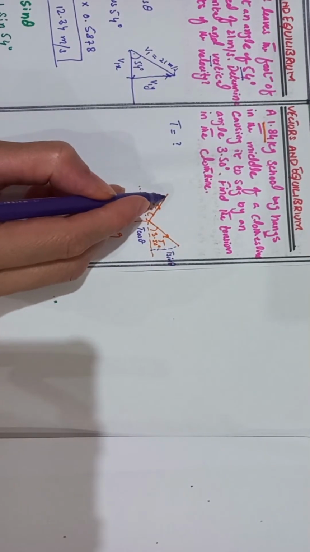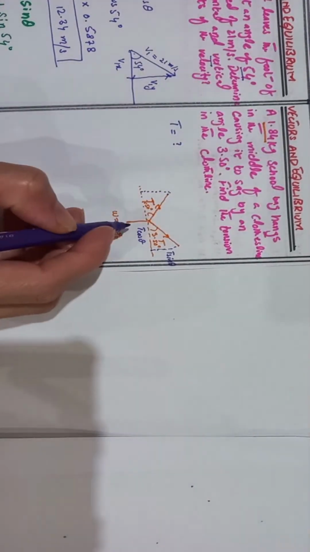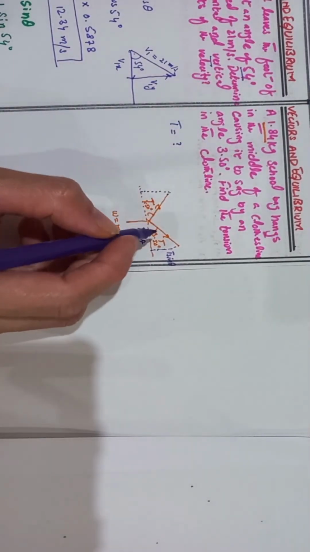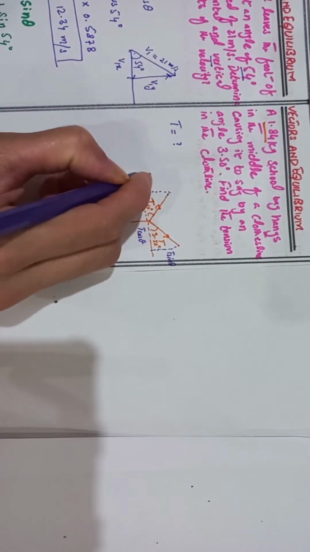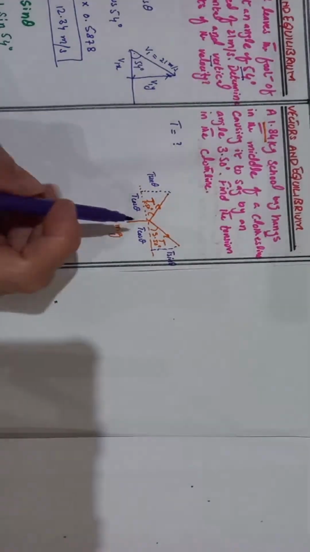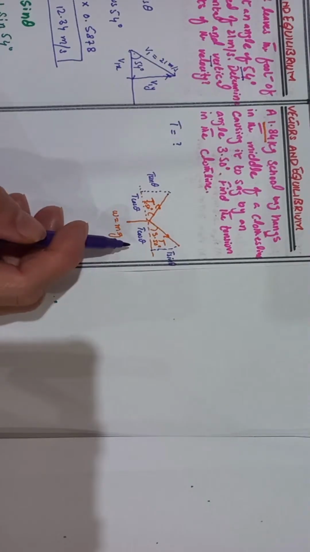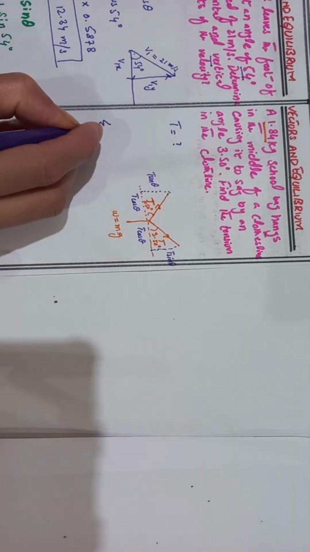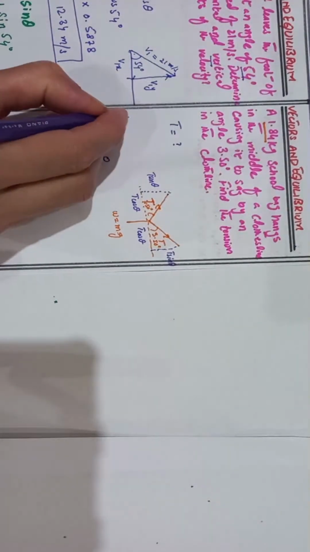On this side also we divide the tension T into two components: the horizontal component T cos theta and the vertical component T sin theta. Now the sum of all the forces along the x-axis must be equal to 0 according to the first condition of equilibrium.